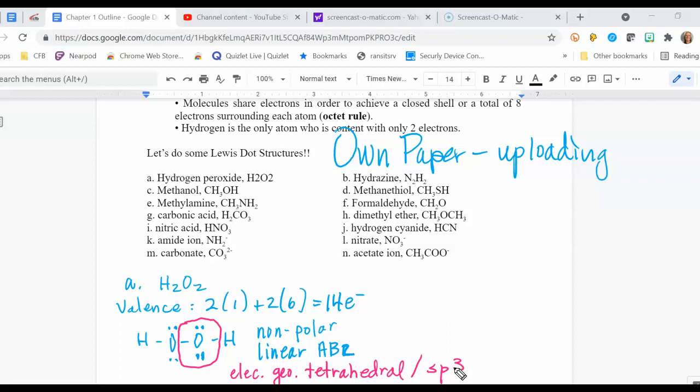Right now, the things that you need to have listed here are valence electrons. You need to have the Lewis structure. You need to say whether it is polar or nonpolar. You need to say what its structural geometry is. You also need to say what its electrical geometry is, and you need to say what its hybridization is.